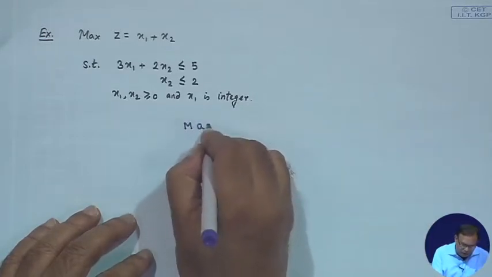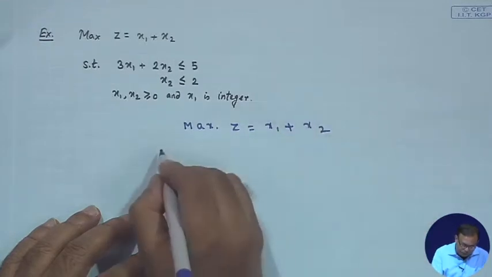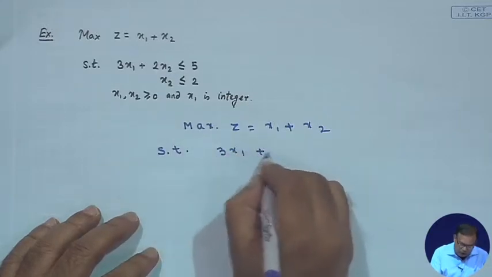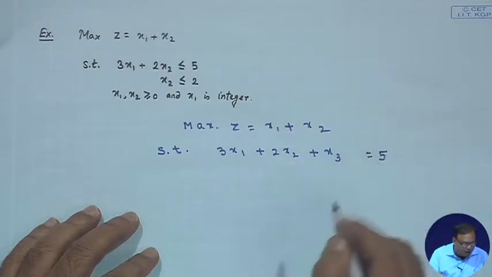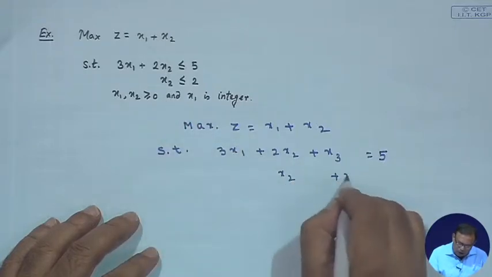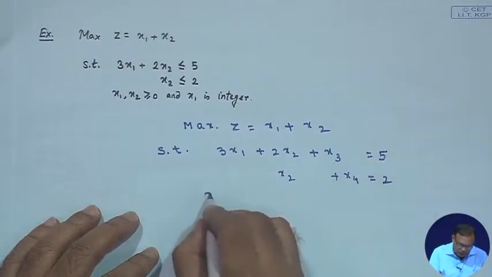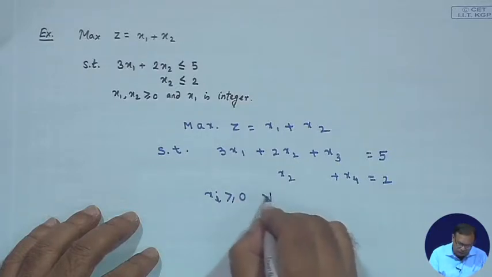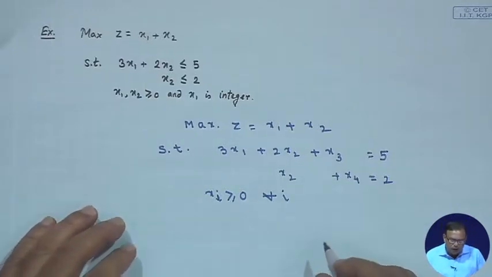The standard form will be: maximize z equals x1 plus x2 subject to 3x1 plus 2x2 plus x3 equals 5, x2 plus x4 equals 2, x_i greater than or equal to 0 for all i, and x1 is an integer.